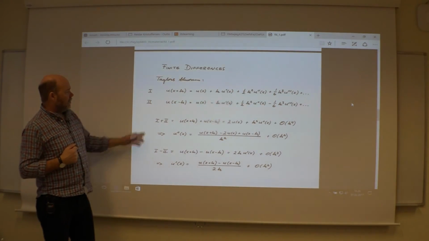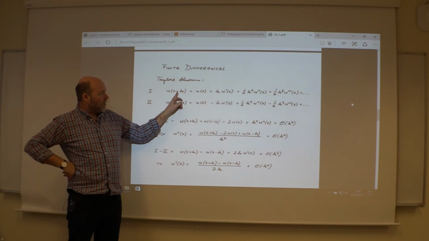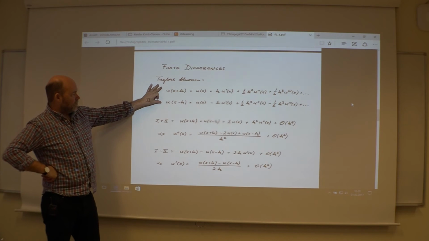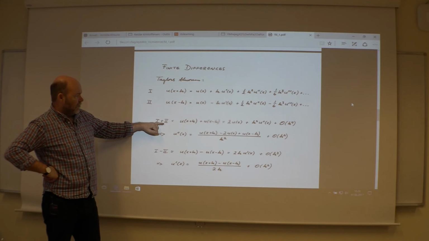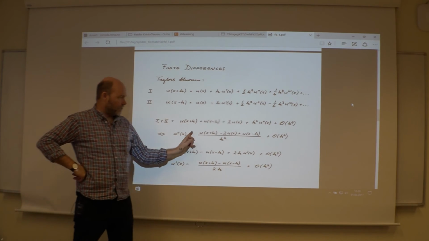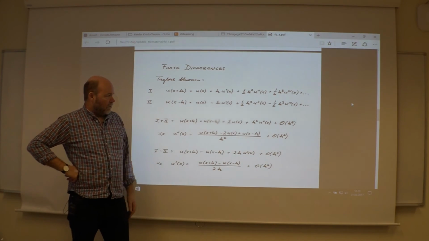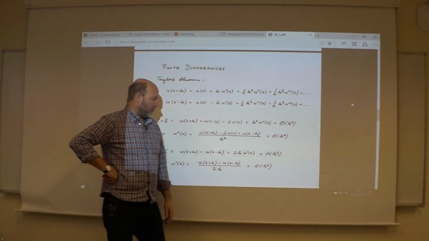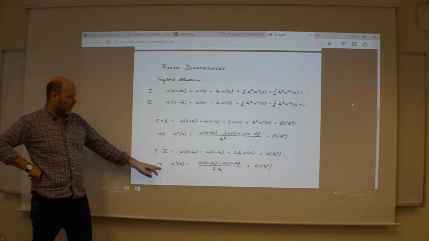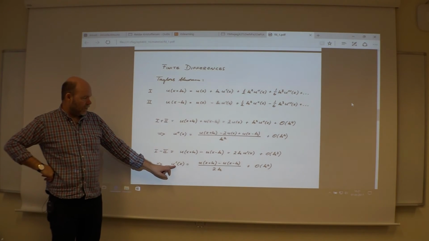So here you will have a positive step, here a negative step, and then you can start playing around with these two series, add them together. You can find an expression for the double derivative, which then is second order accurate. Subtract them, then you can find a first order derivative.